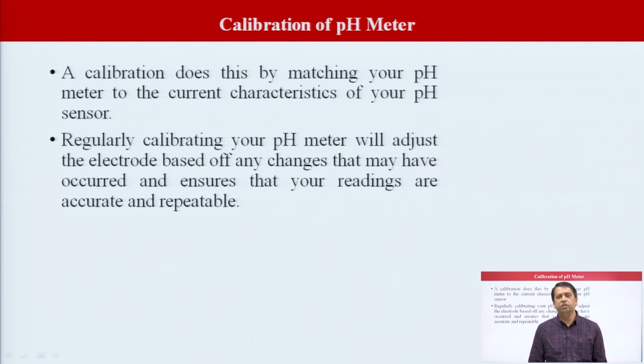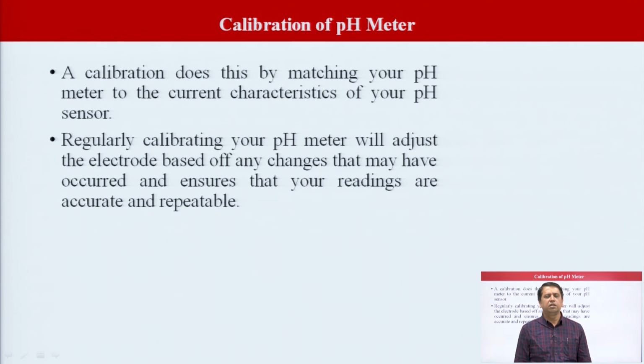These both characteristics are very essential in the case of a pH meter. The first thing, the pH meter should give an accurate result. That means whatever readings we obtain by the pH meter are close to the true values of the pH of the solutions.